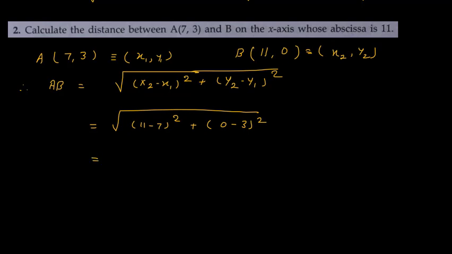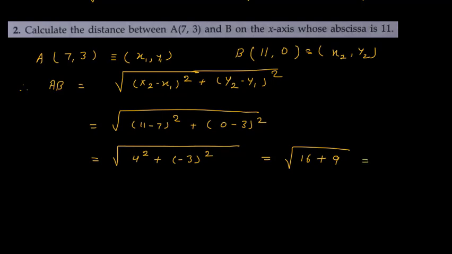So this will become root of 11 minus 7 is 4, square of 4 plus square of minus 3. Minus 3 square is 9, and 4 square is 16. This will be root 25. Okay, so AB is square root of 25, which is 5.